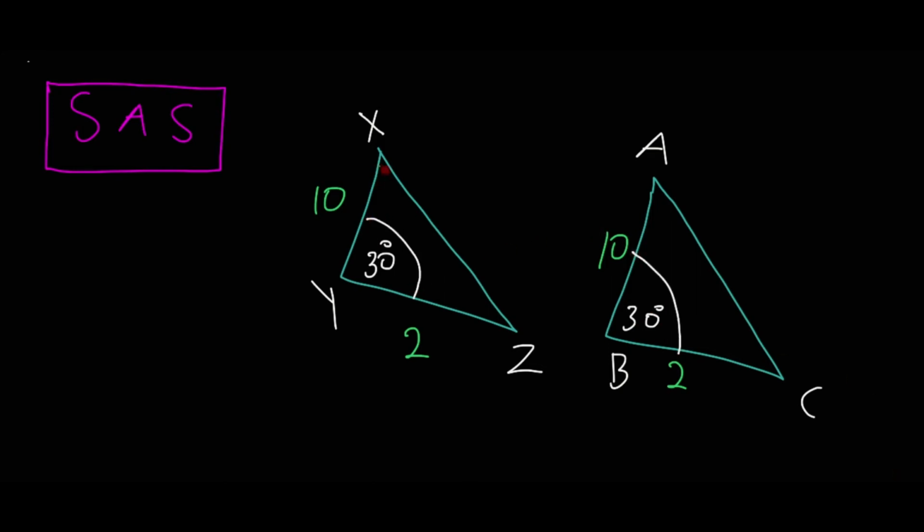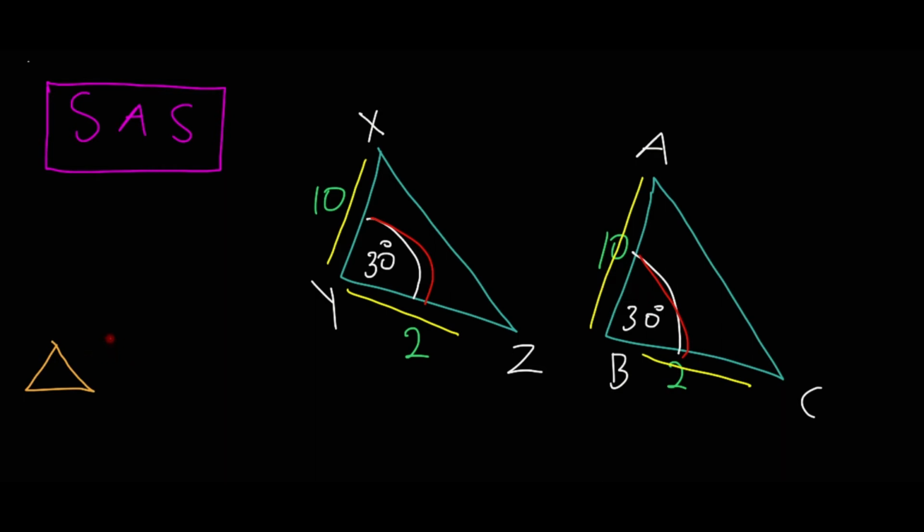You can see that this side corresponds to this side and they are equal, this side corresponds to this side and they are equal, and the included angles are equal. Therefore these triangles are congruent. And then in our conclusion, triangle XYZ or ZXY, it doesn't matter, as long as at the end they correspond.